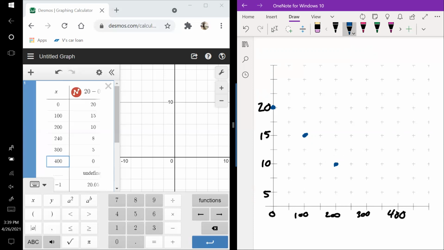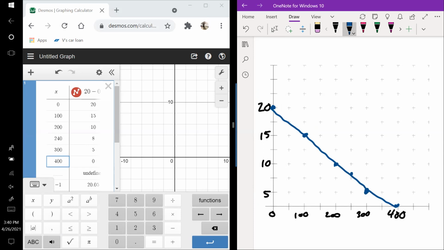So a little bit below. And then 300, we're at 5. 400, we're at 0. It's not perfect, but it's going to look like this. Good as I can get it.